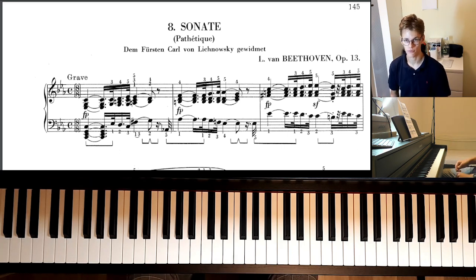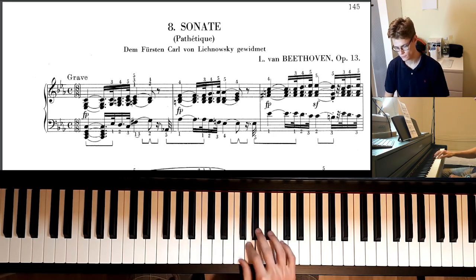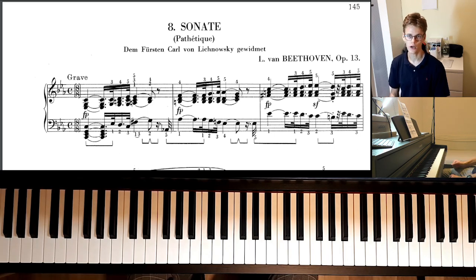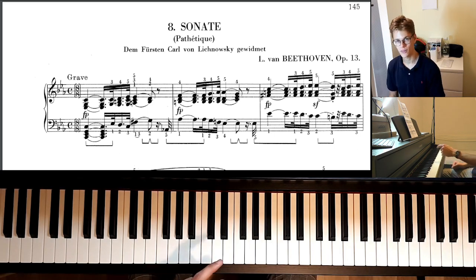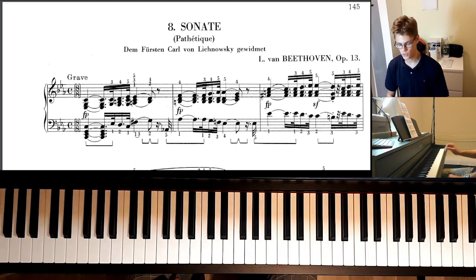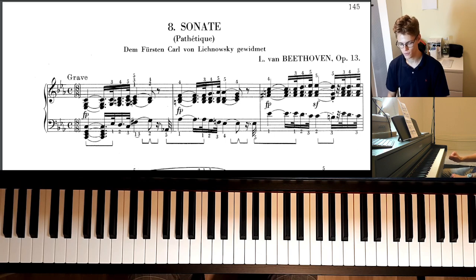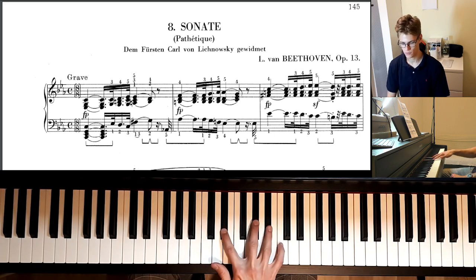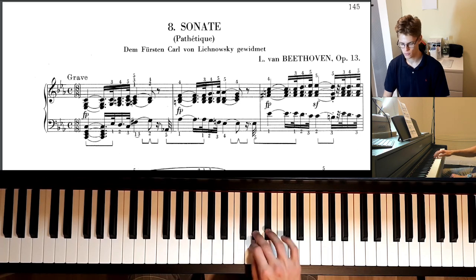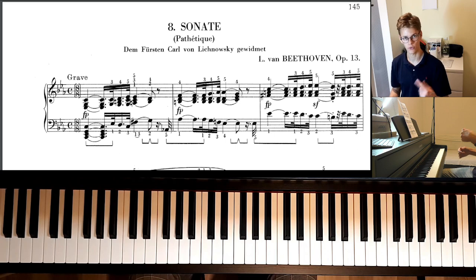So we have the first option, C minor, or E flat major. You see, three flats, or here also the same three flats.